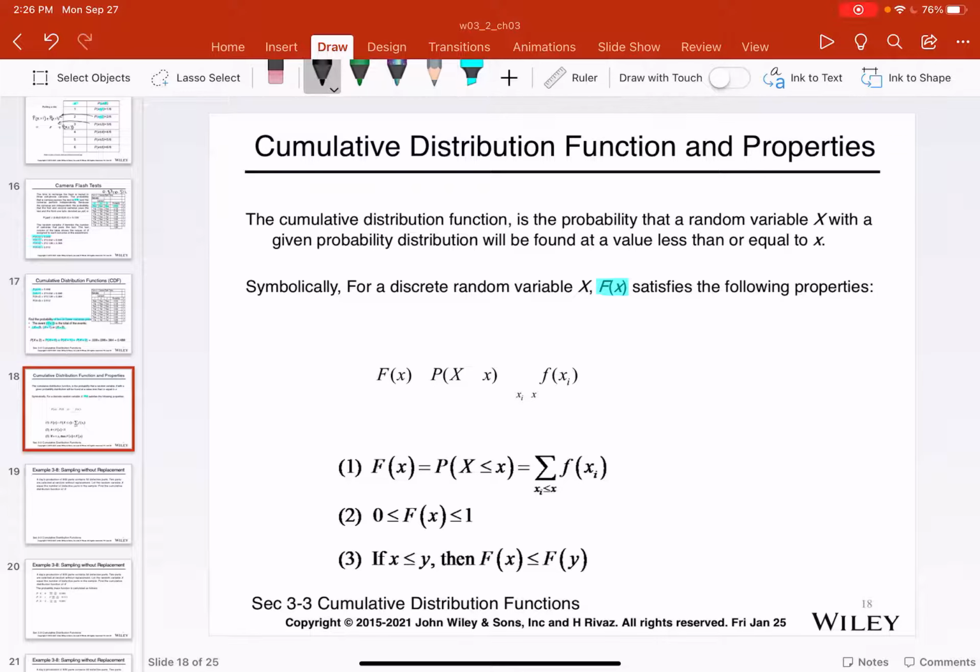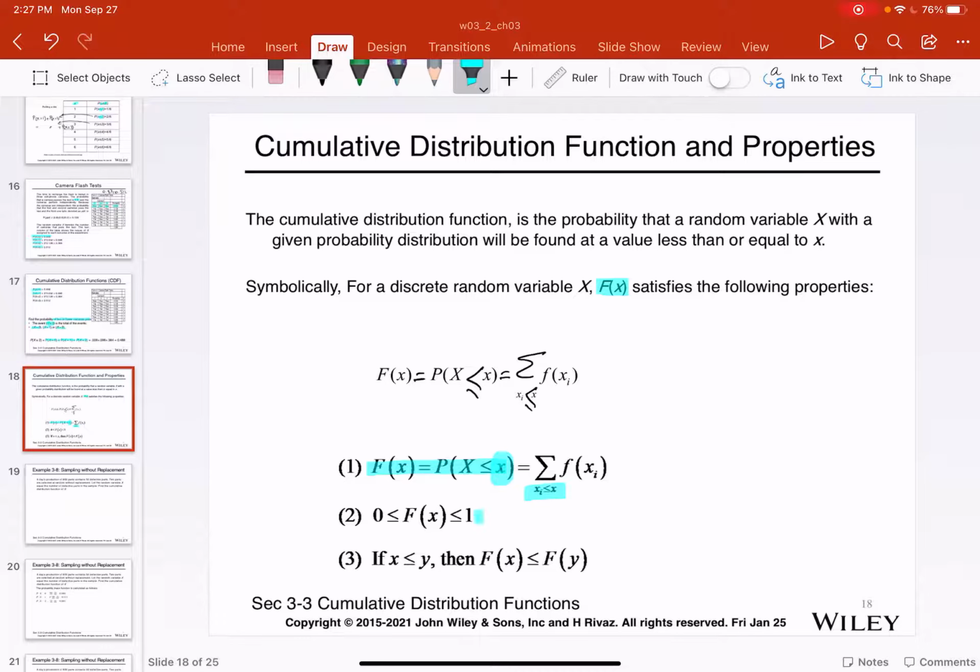So F of x is equal to P of X less than or equal to x, which is equal to the summation of f of xi for all xi less than or equal to x.